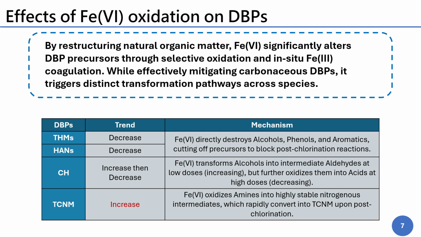And for CH, ferrate(VI) transforms alcohols into intermediate aldehydes at low doses, so CH increases, but at high doses it further oxidizes them into acids, so CH slowly decreases.